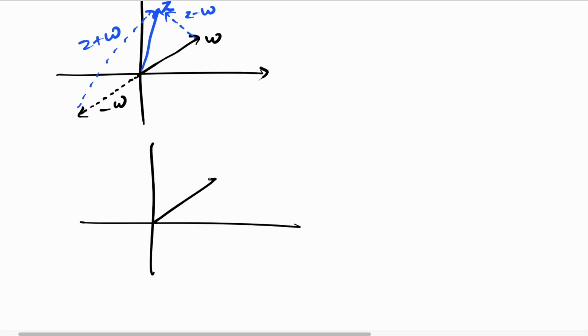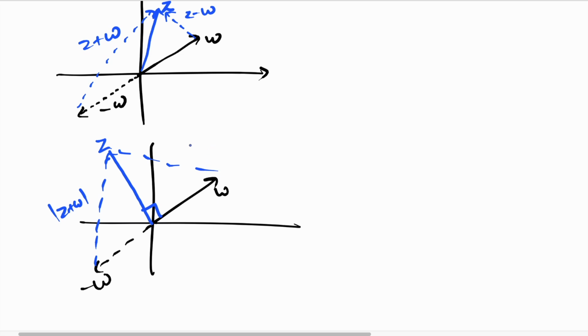So this is w and this is minus w. This is only possible when z is pointing right like this. It's along the perpendicular bisector. So if z is along the perpendicular bisector, the modulus of z plus w will be equal to the modulus of z minus w.